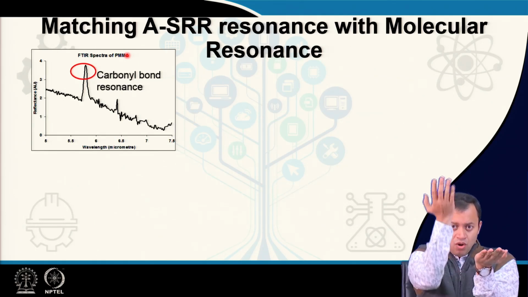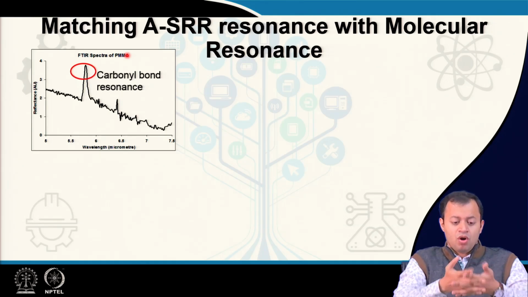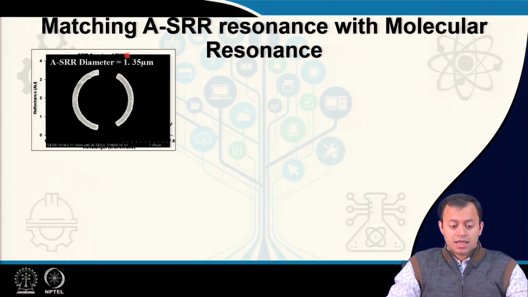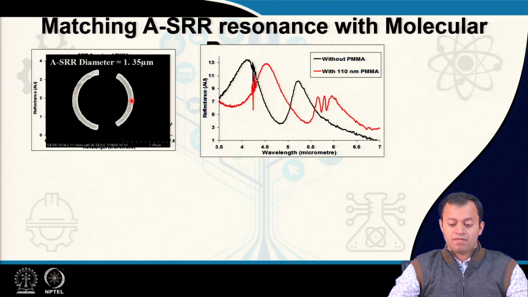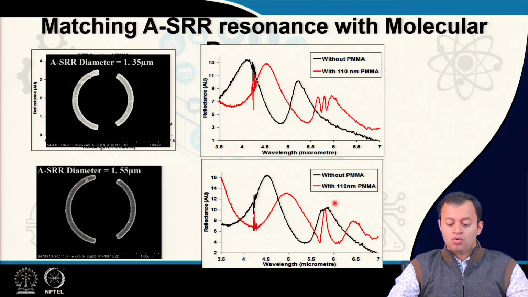So, the vibration of your split ring resonator is matching that of the vibration of the molecule that you want to detect. Result, you change the diameter from 1 micron previously to 1.35 micron, and now you have a resonance coming up here. Furthermore, you enhance the overall signature. That is simply getting amplified.